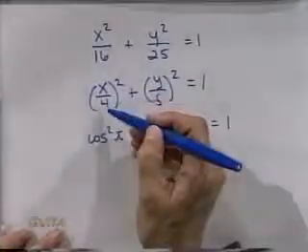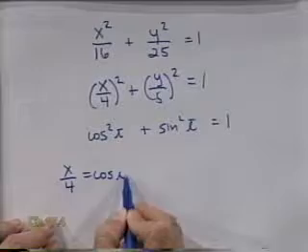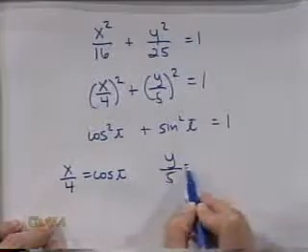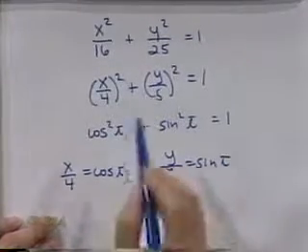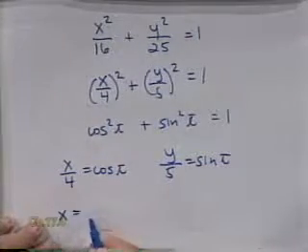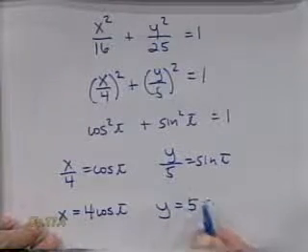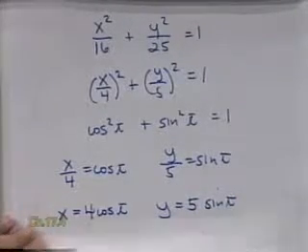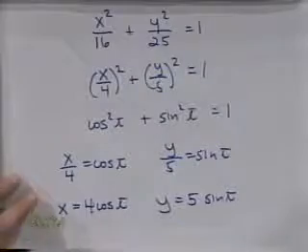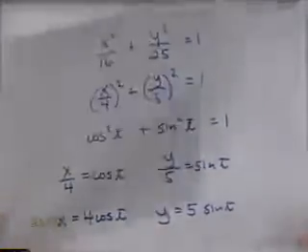So if I let x over 4 be cosine, and if I let y over 5 be sine, do you see I get x over 4 squared? So my parametric representation is x equals 4 cosine t, y equals 5 sine t. You probably remember us doing that back in chapter 11 when we did parametrics.